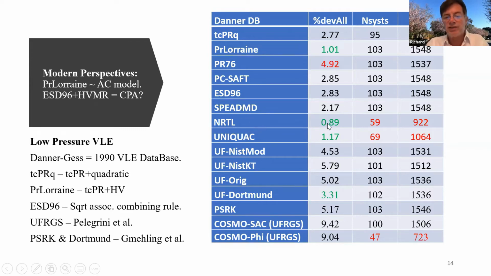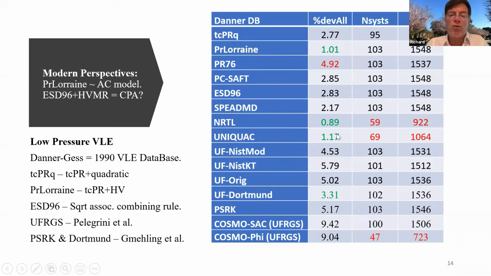And the reason I put this in red is this evaluation is not done yet. We're still getting more systems into the database and more parameters characterized. So we're not completely done, but I don't think the trend is going to change very much.